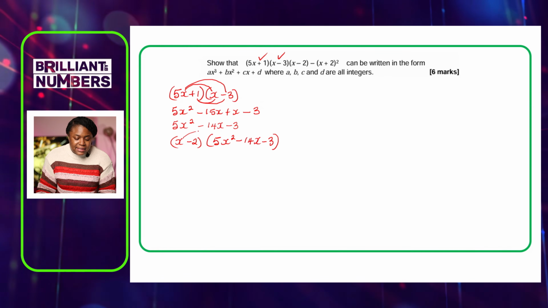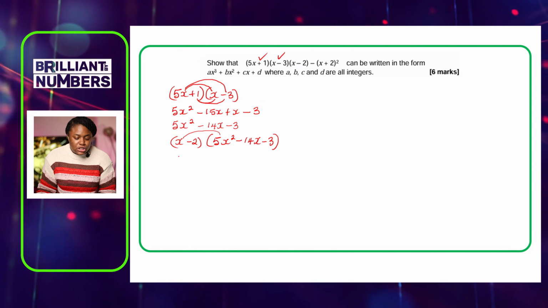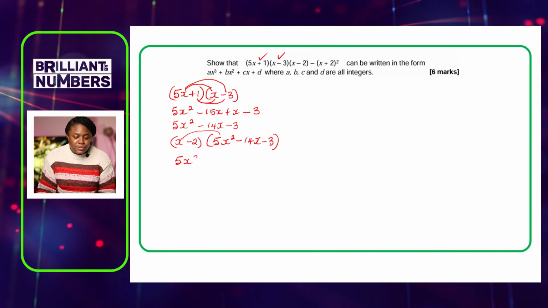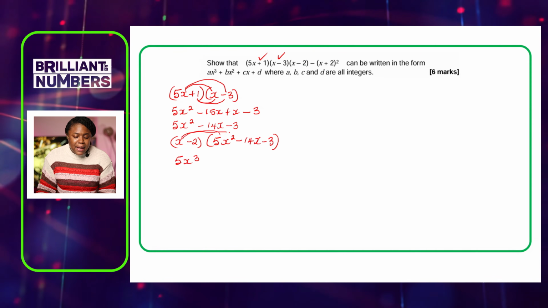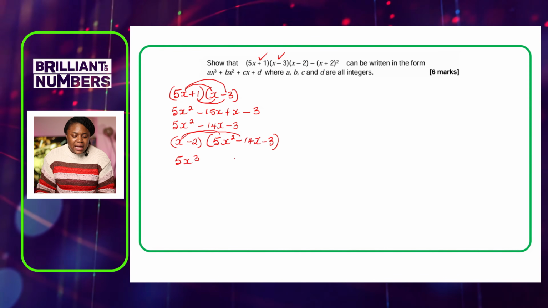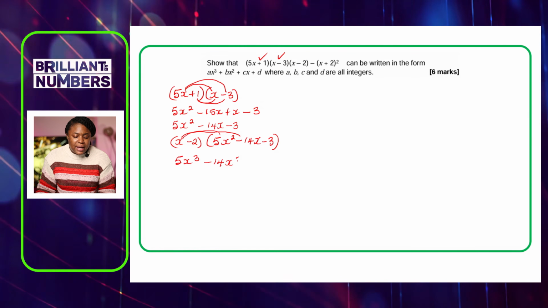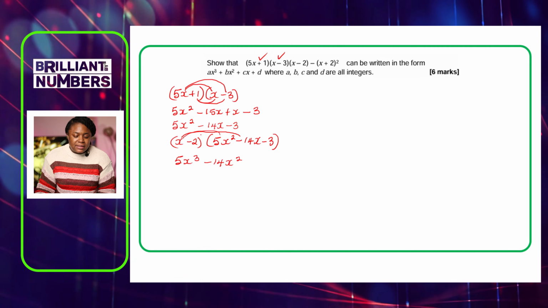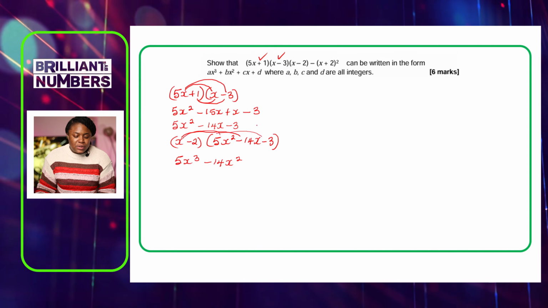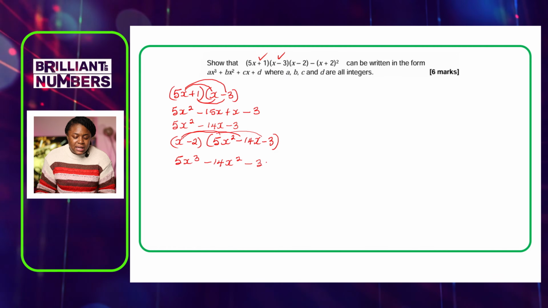So we get x times 5x squared, which is 5x cubed. Then x times minus 14x is minus 14x squared. Then we need to do x times minus 3, which is minus 3x.